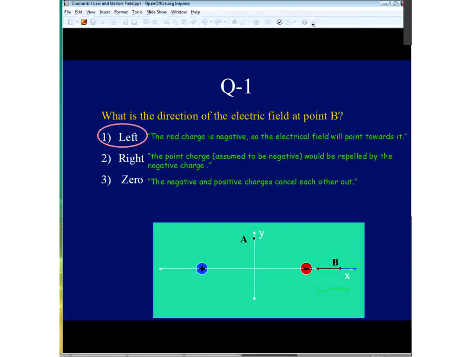Right side arrow you will see is smaller, left side arrow you will see is larger. That means net force is on the left side. So if you put a positive test charge there, it will be pulled towards the left side. That's the direction of the field.